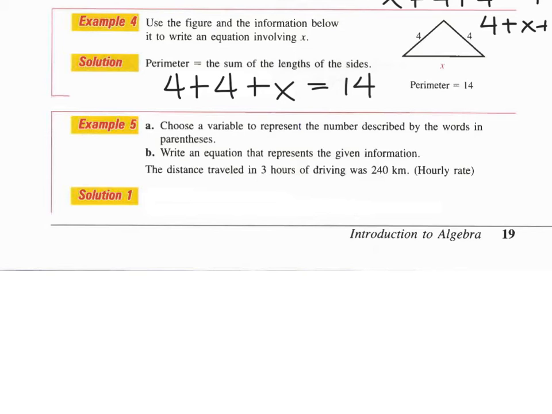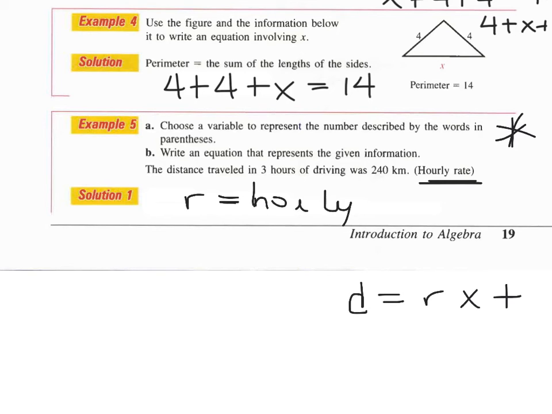So here again, we're going to do distance is equal to rate times time. And then we're going to label all our pieces here. Here it wants the hourly rate. So that's going to be choosing my variable. I'm going to let R represent my hourly rate. And again, you could have chosen X. It doesn't really matter. So this is my hourly rate.